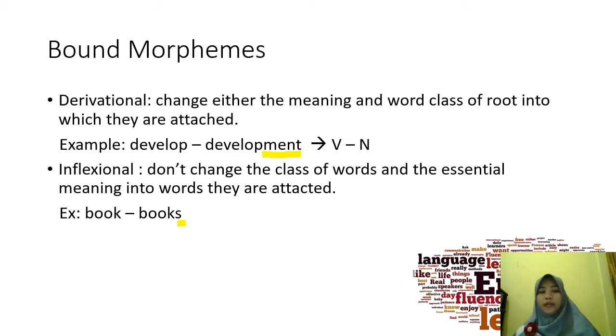The first aspect: it doesn't change the word class. Book and books are nouns. It also doesn't change the essential meaning. Book and books, the essential meaning is still buku in bahasa. It only differs in singular and plural forms, but the essential meaning is still the same.